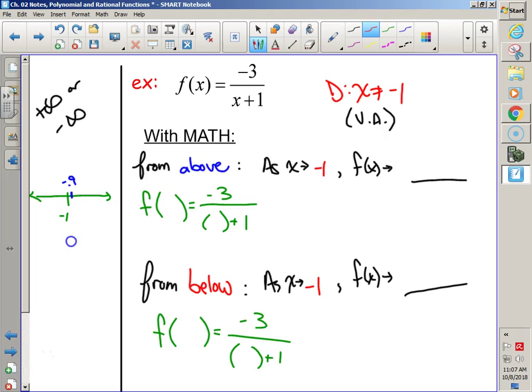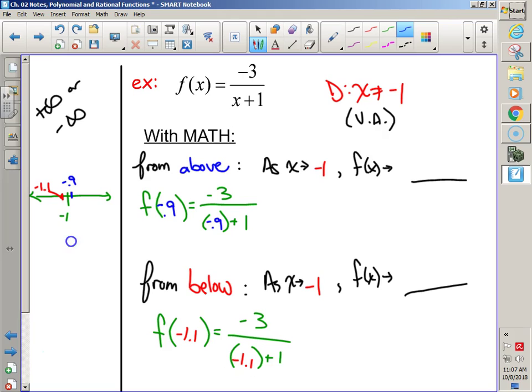Except, what's a number that's a little bit below -1? No, -0.8 is actually way up here by 0. -1.1, that's a little better. Okay, so we have -1.1 and we have -0.9. So I'm going to put in -1.1. I'm going to plug in -0.9.